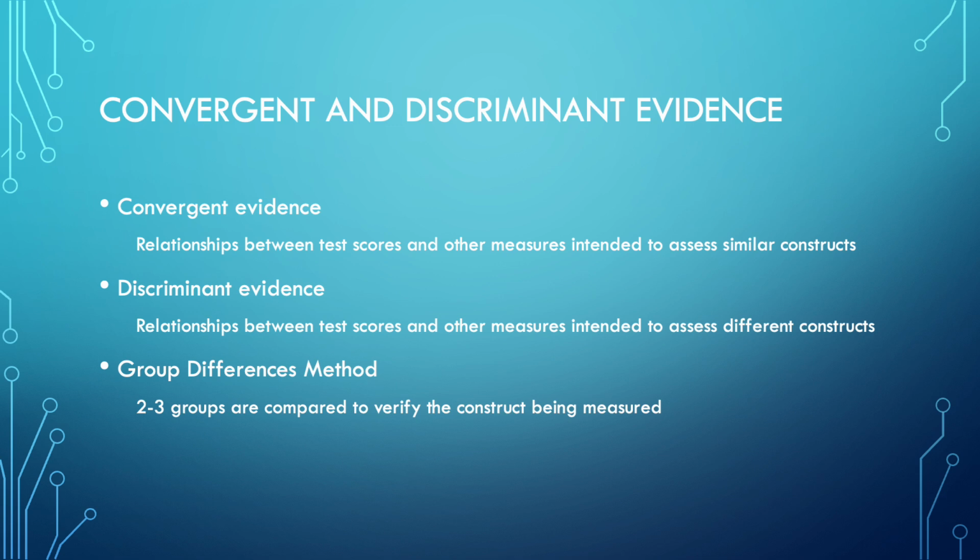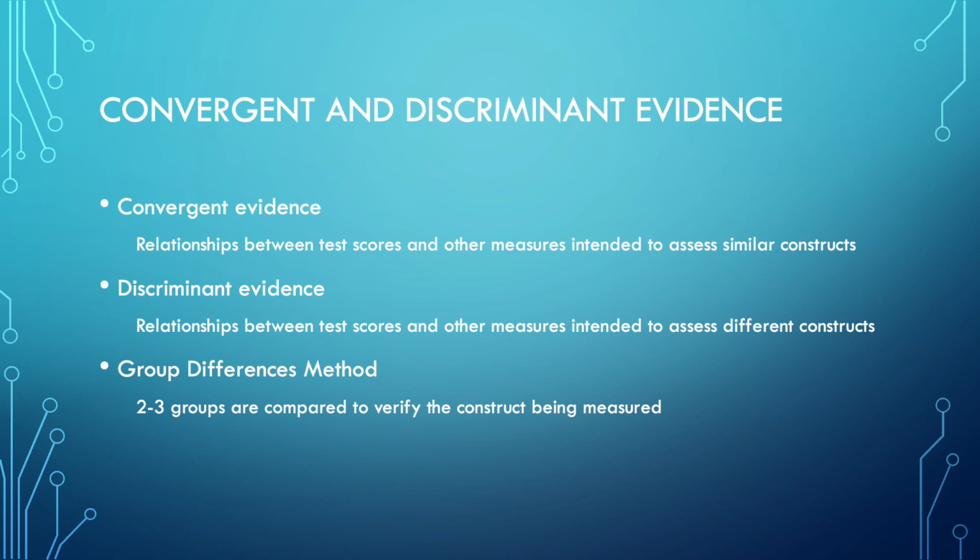For example, if we want to measure physical activity on a questionnaire, we would expect our questionnaire to correlate well with other questionnaires measuring physical activity. We also have discriminant evidence. Discriminant evidence is a relationship between test scores and other measures intended to assess different constructs.